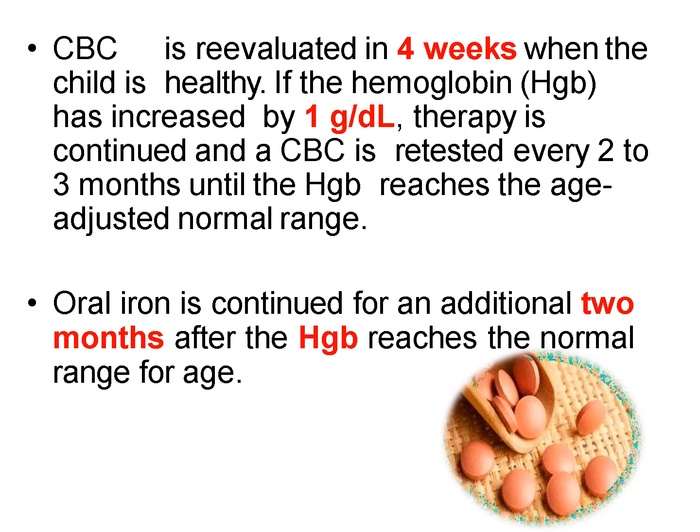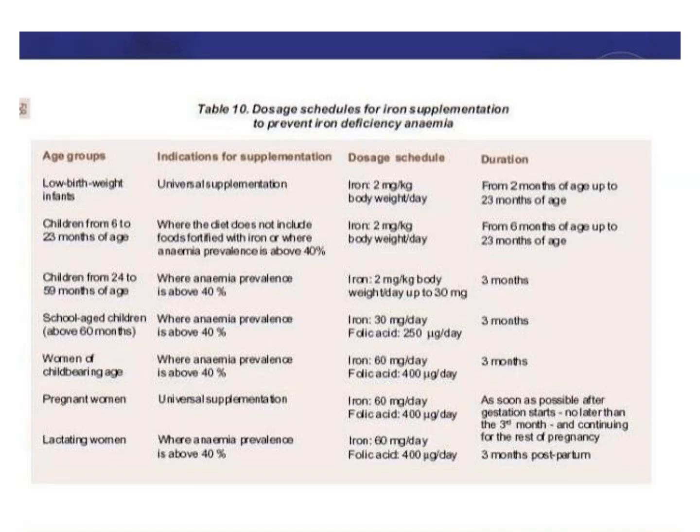Oral iron is continued for an additional 2 months after the hemoglobin reaches the normal range for age. The table shows dosage schedules for iron supplementation to prevent iron deficiency anemia in different age groups.